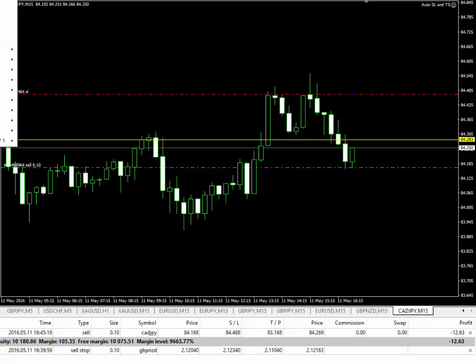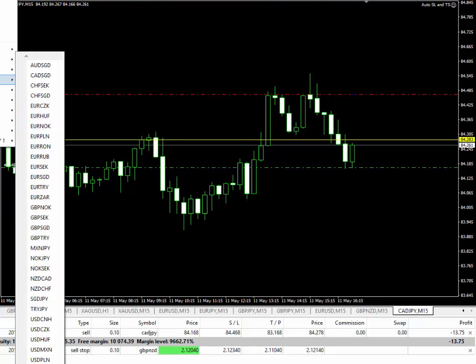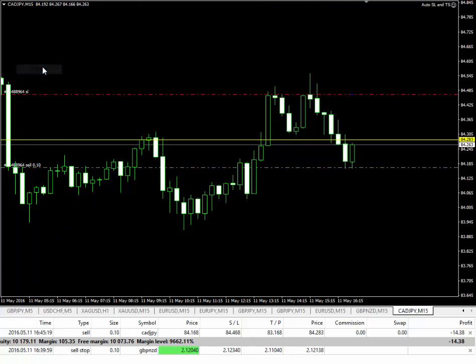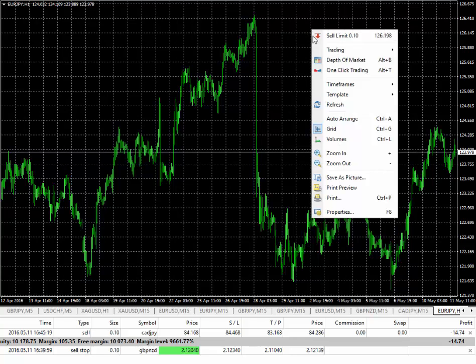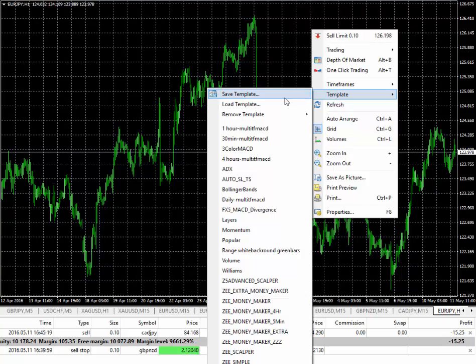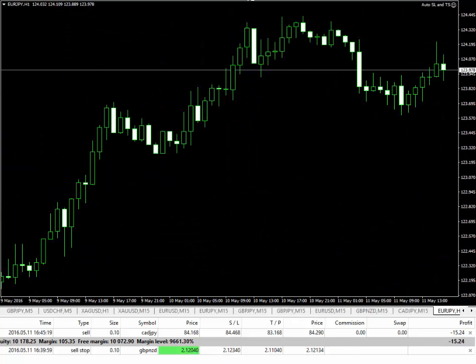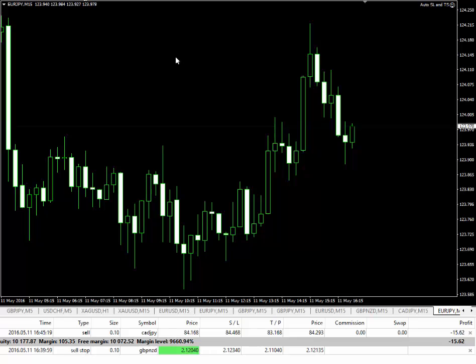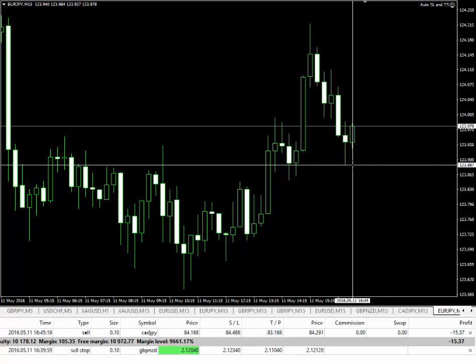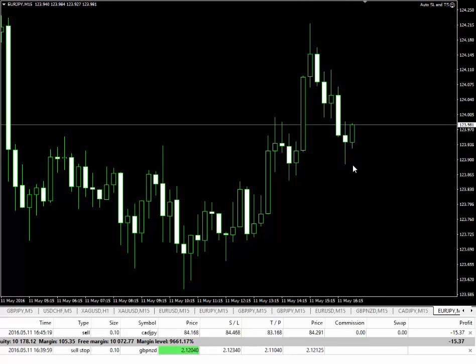So go to new chart. There you have, oh, there it says Euro JPY. Now I will right click and place the template. This is the template auto stop loss, and we have here the 1 hour time frame. We change to 15 minutes, and here what we're going to do, we're going to put a pending order here below this level.